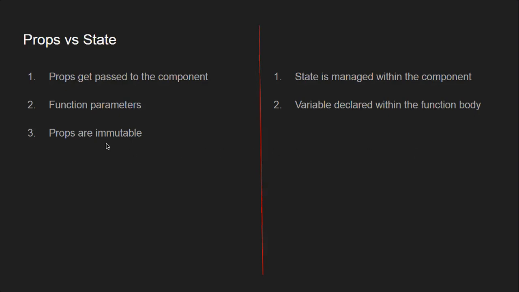Props are immutable. It means in a child component we cannot change the props. If we are sending props stating a name, message, or any number, we cannot change it in our child component, whereas state can be changed.